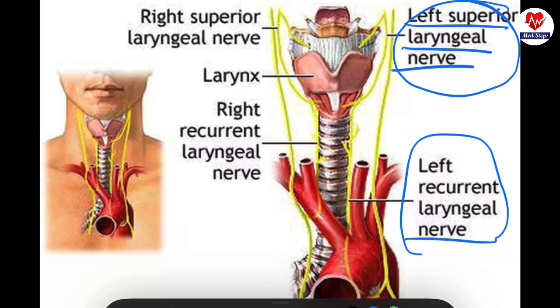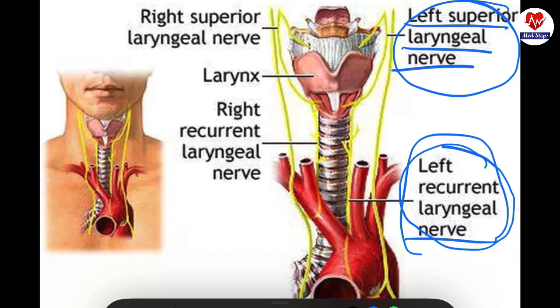Next is the recurrent laryngeal nerve, the most important nerve in thyroid surgeries. It supplies all the intrinsic laryngeal muscles except the cricothyroid, because the cricothyroid is supplied by the external branch of the superior laryngeal nerve.